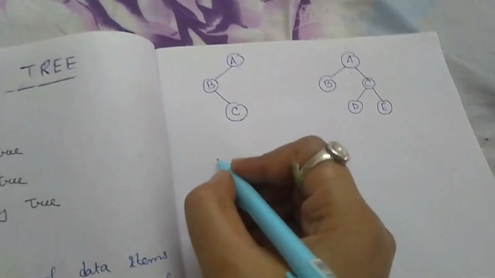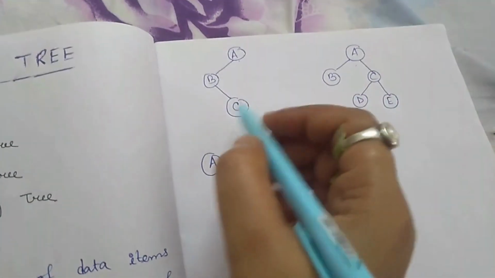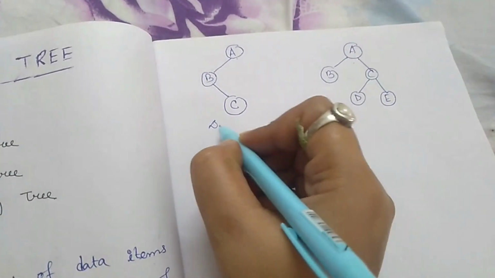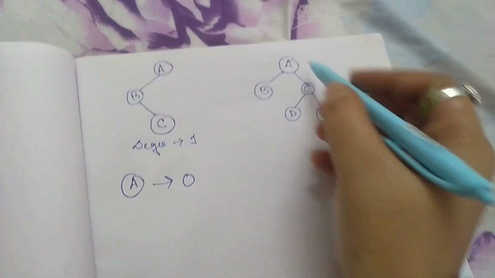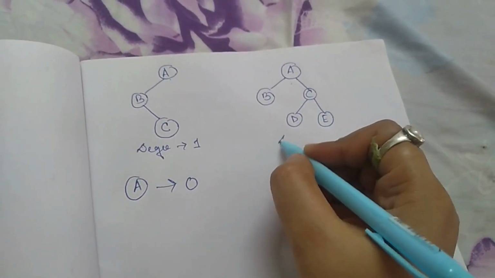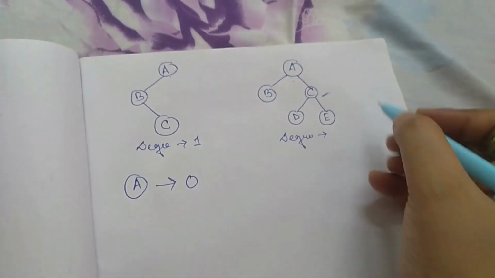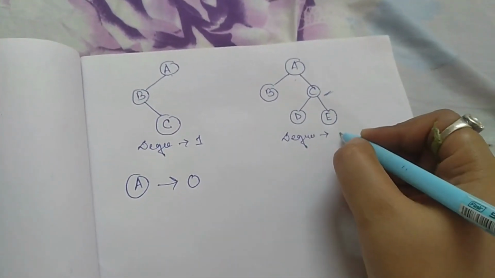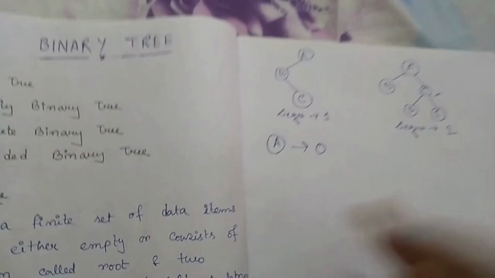That means this node has degree 0 and this tree has degree 1, and in that case if we consider this tree, the degree of node C, the maximum degree of this tree is 2. So this is the concept of a binary tree.